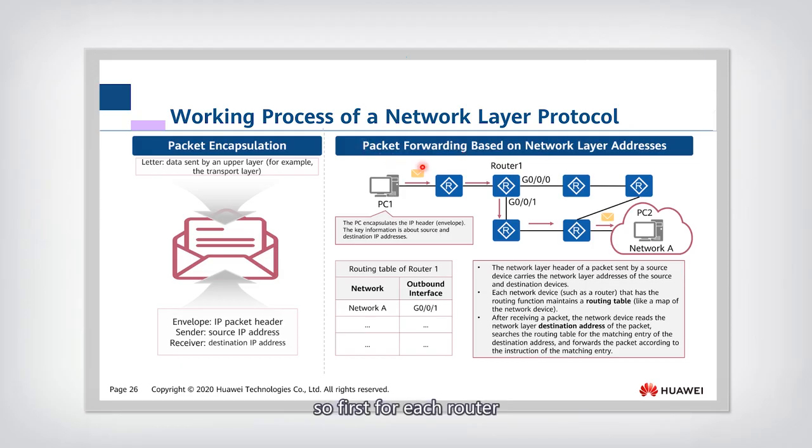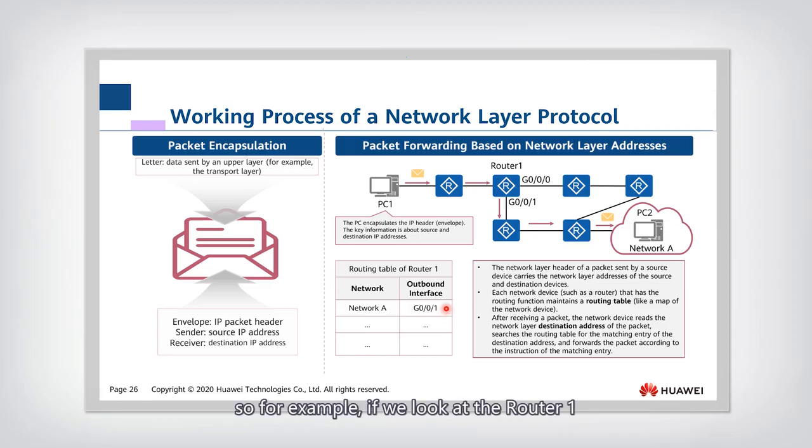First, each router will use some routing protocols to calculate a correct route. They will calculate the result and put it in a routing table. The routing table looks like this. This is the destination IP, and this is the corresponding outgoing interface.